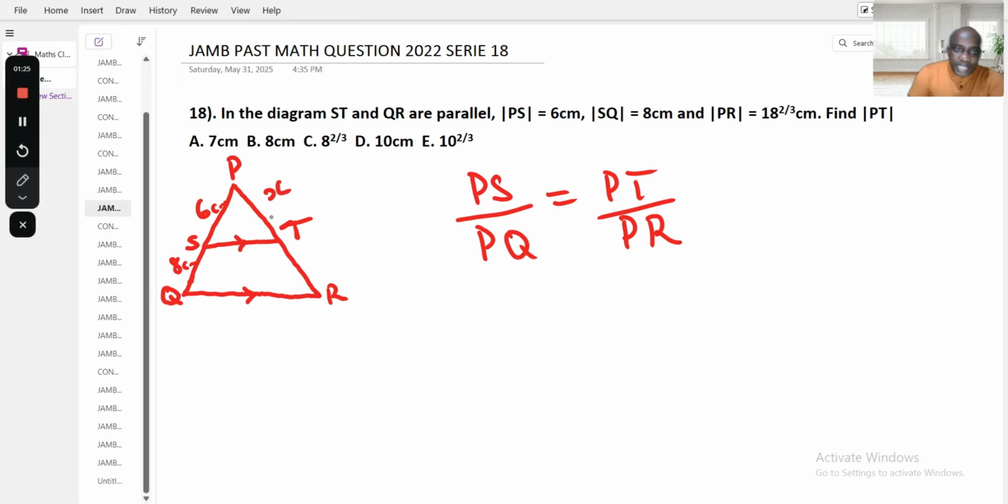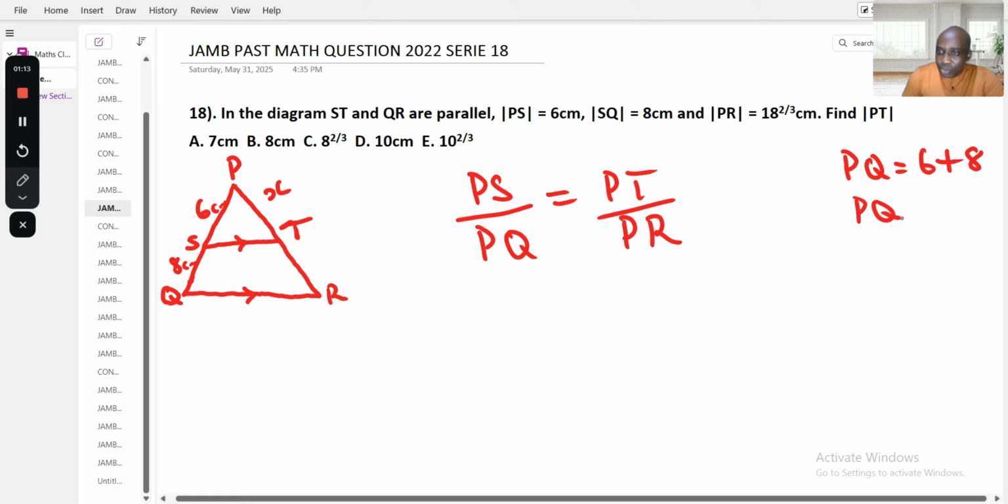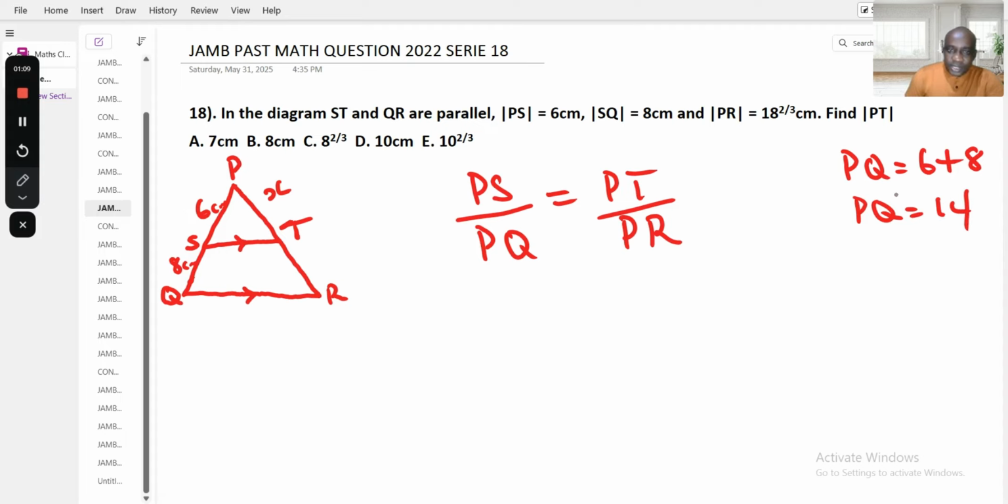Now, what is the total of PQ? The total of PQ equals 6 plus 8. PQ will be 14, isn't it?